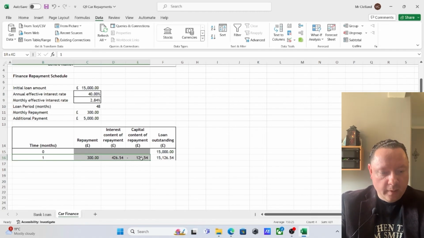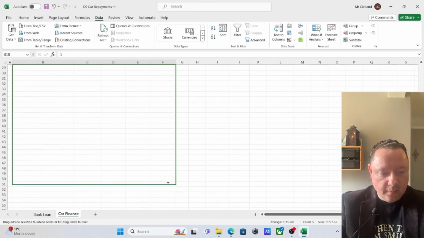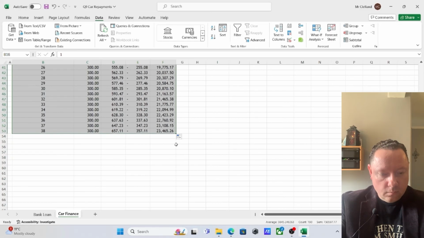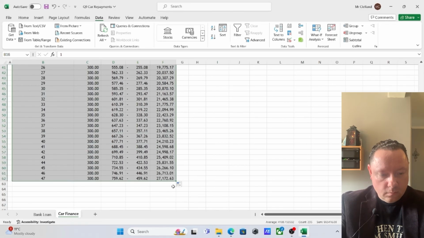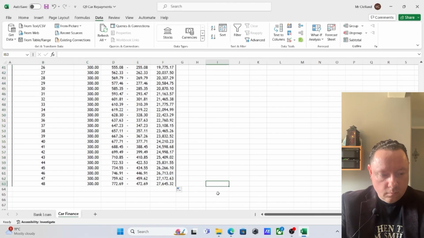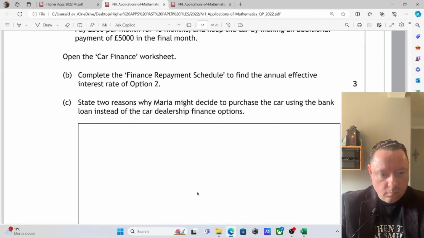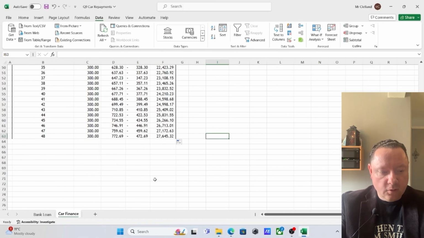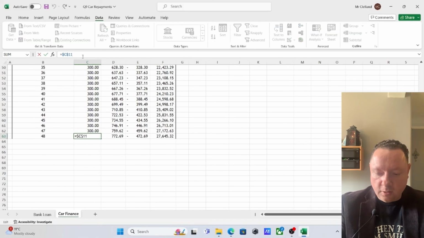So now I copy, drag and drop down for 48 months, but there's one thing I need to remember, that additional payment. So it's an additional payment of 5,000 in the final month. So I'll just quickly change that to say plus 5,000.